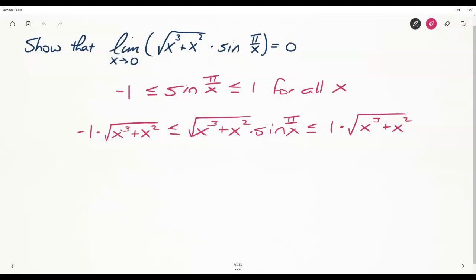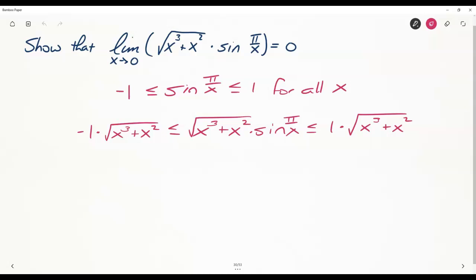it looks like this. Now I have one comment I want to make about this. I multiplied the same value by all three parts of this inequality. Why did I not have to change the direction of the inequality? Why am I able to say that this is still less than, and this is still less than right here? It's because you only do that if you multiply by a negative value.